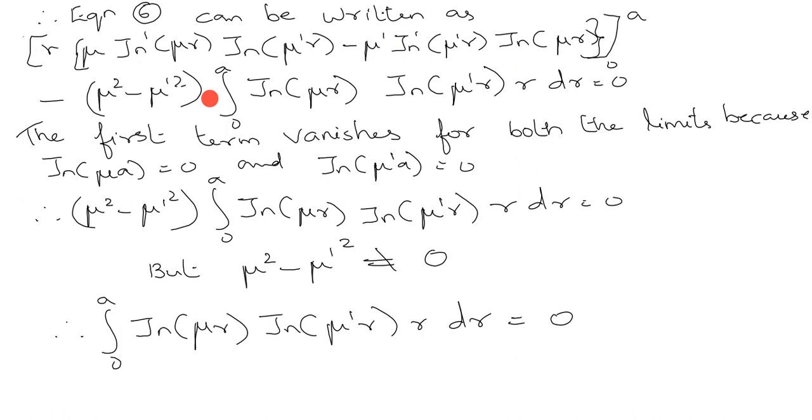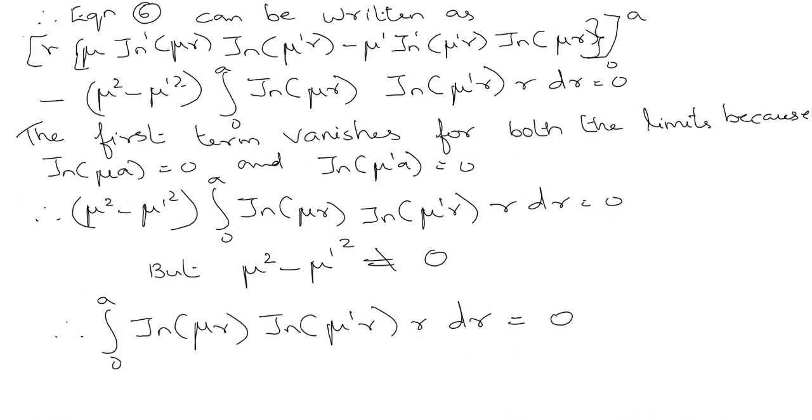So now this equation can be written as mu square minus mu dash square integral 0 to a Jn of mu r into Jn of mu dash r into r dr is equal to 0. But in the beginning it was told that mu and mu dash are two different roots of Jn of mu a. So mu is not equal to mu dash.